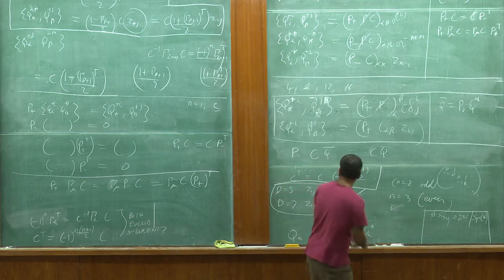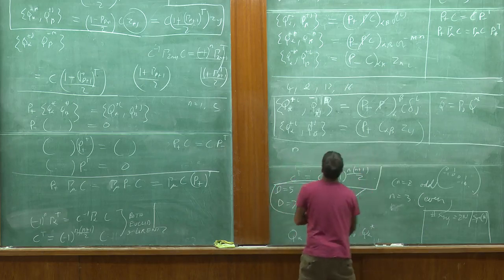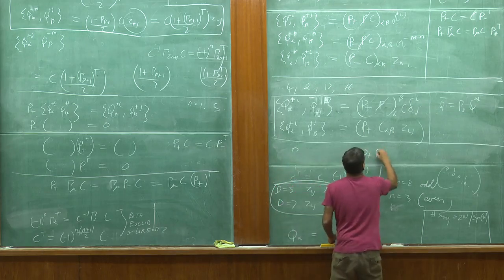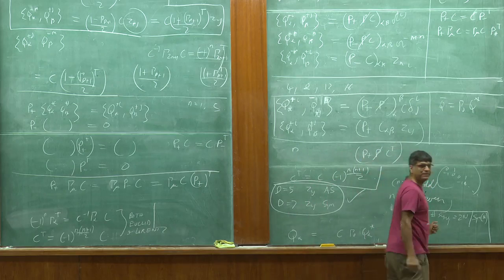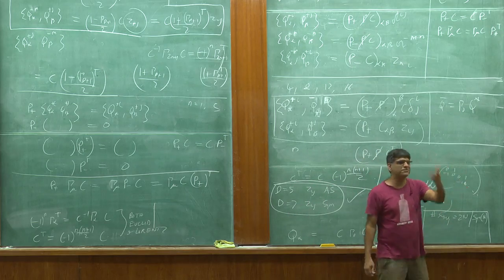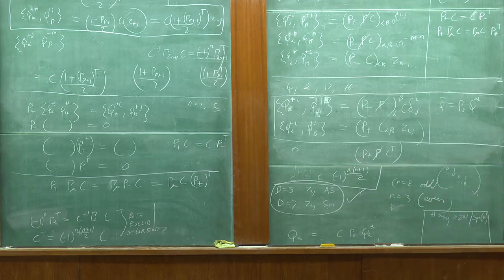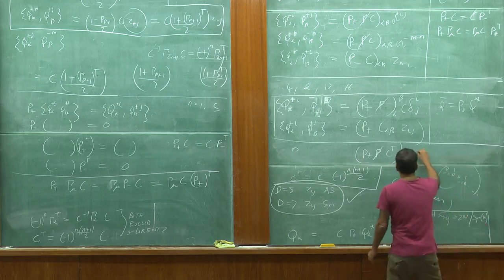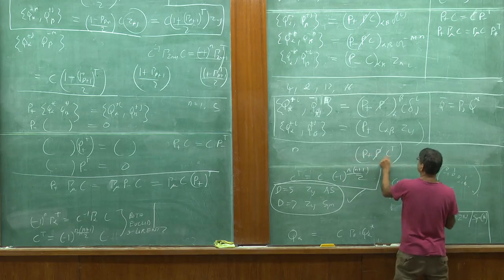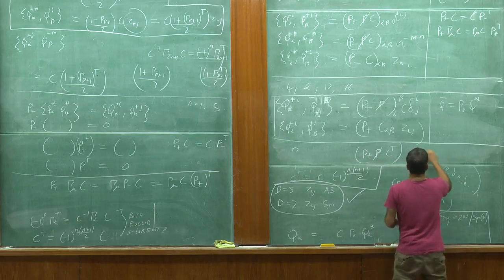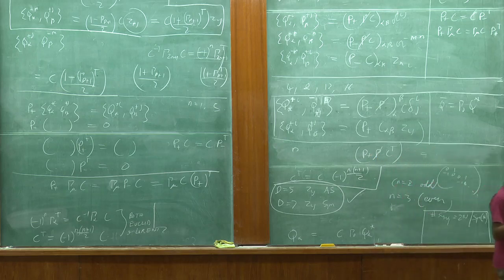So let me say this again. What we want to do is to take this quantity P plus, P slash, and C transpose. Okay, and we want to check what happens when we take P plus through. Now C transpose and C are the same thing up to some sign. Not going to make any difference. So this is the same thing as taking P plus through P slash times C transpose. But that, you remember, gave us a sign which was minus 1 to the power n times minus 1.